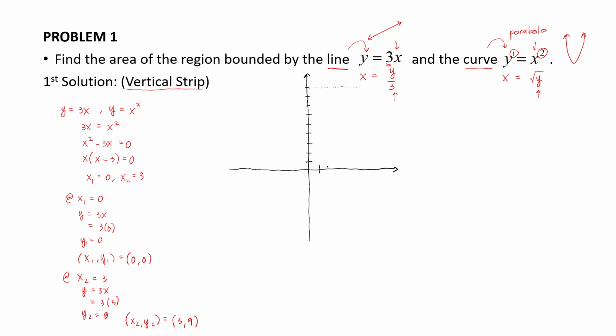Then 1, 2, 3. The first point of intersection is at (0, 0), then the second one is at (3, 9).